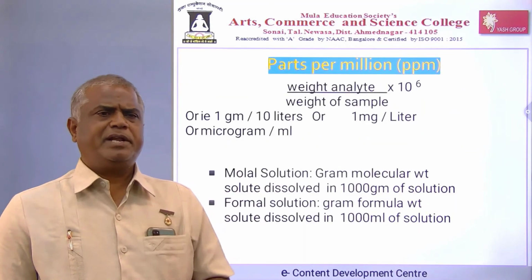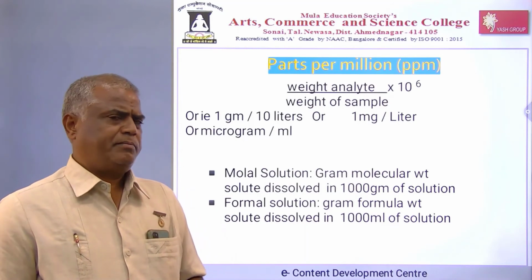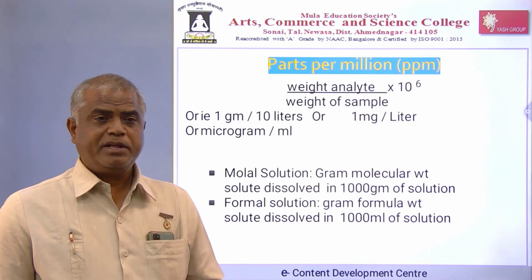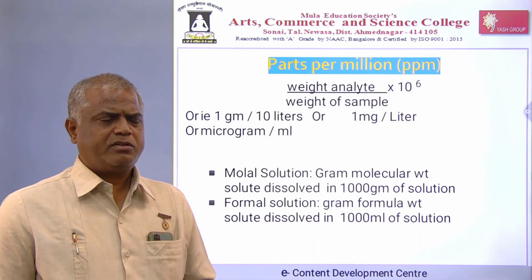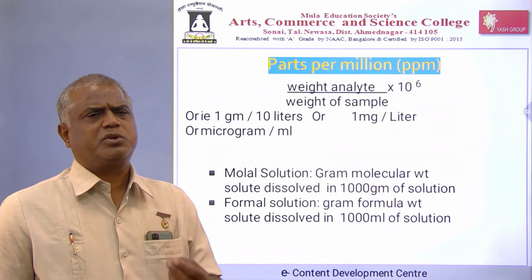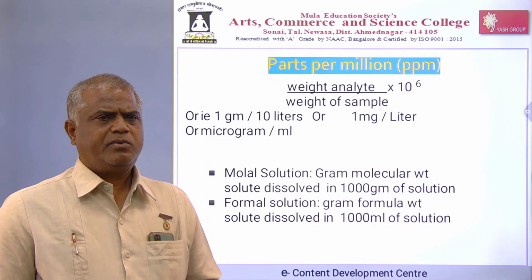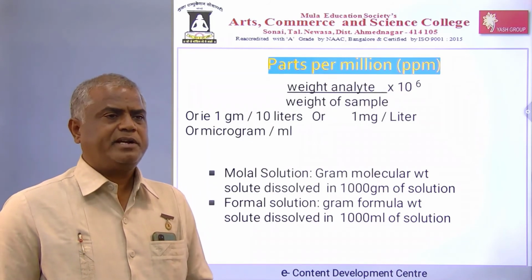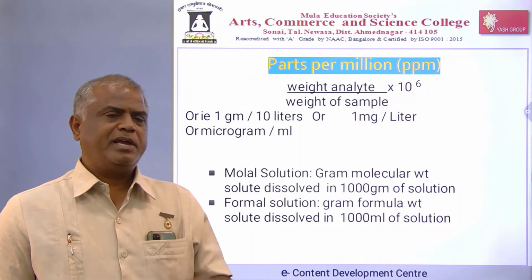Now parts per million is a fourth method of expressing concentration of a solution. Parts per million is used to express very minute concentrations. When the concentration is very low, it is expressed in parts per million, in short ppm.